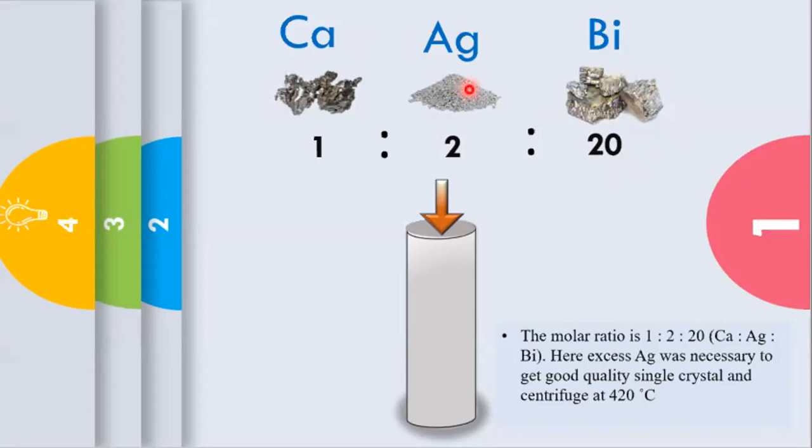That molten state basically becomes a supersaturated solution when you heat up to high temperature. In the supersaturated state, calcium Ag bismuth will form, and they start growing inside the ampule. The other flux will remain in the molten state while coming down to low temperature. So here bismuth is acting as the flux material.